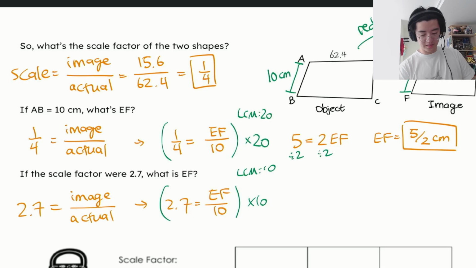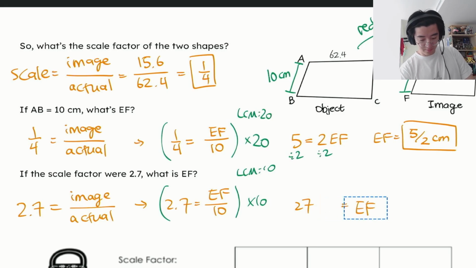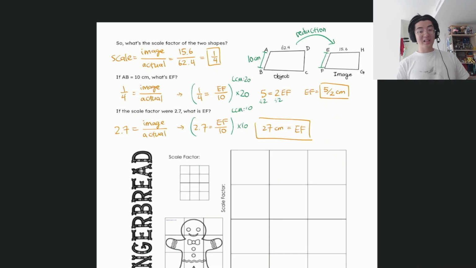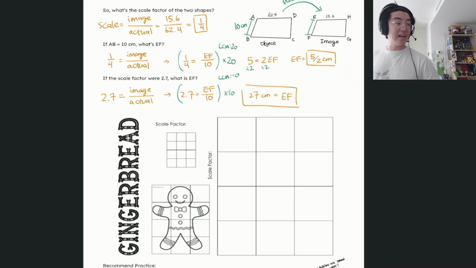The lowest common multiple is 10 here, so the 10 times 10 gets cancelled out. 2.7 times 10 is just 27. Oh, I should not forget we have centimeters here. Okay, that's it.